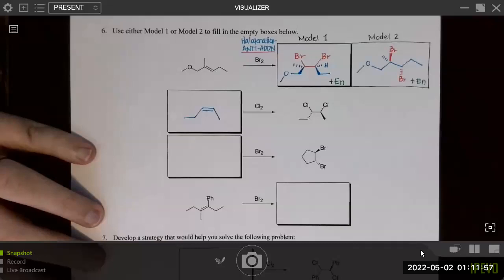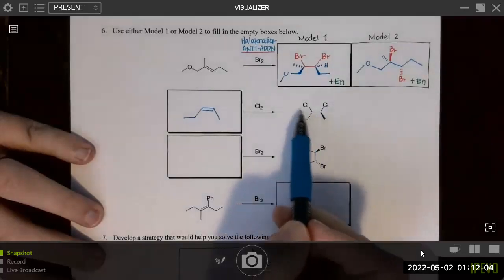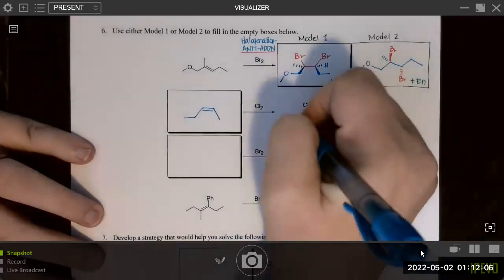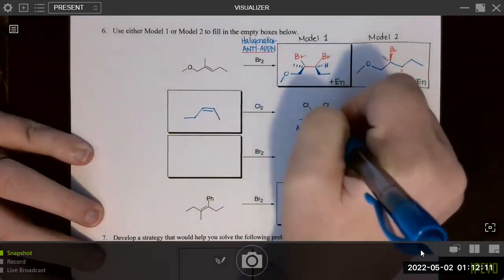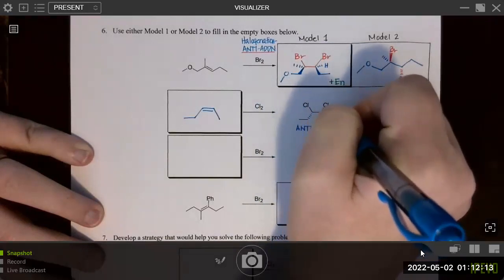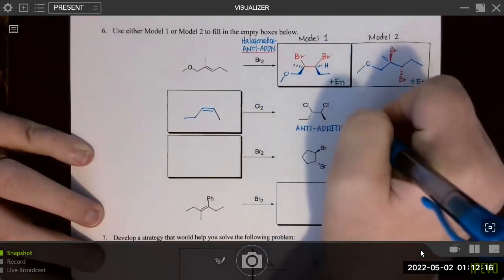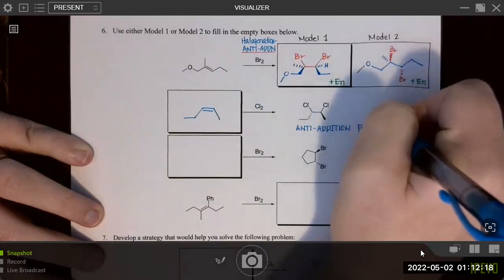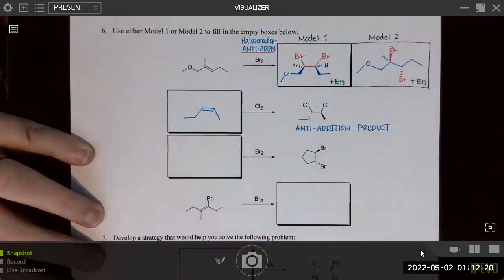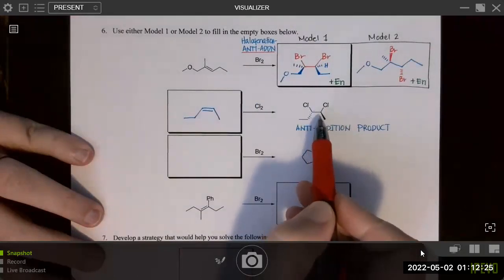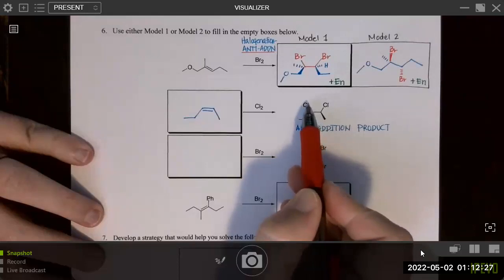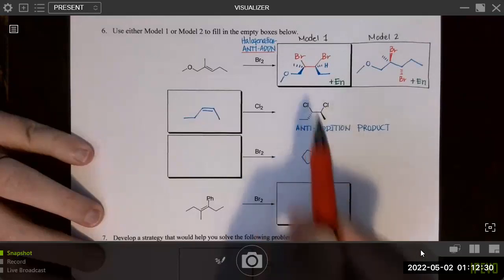So hopefully that makes sense to you, right? You want to see that this is the anti-addition product. That's really important. So anti-addition product. Which means that these look like they were on opposite sides, but we rotated this carbon-carbon bond in order to get these to be next to each other.